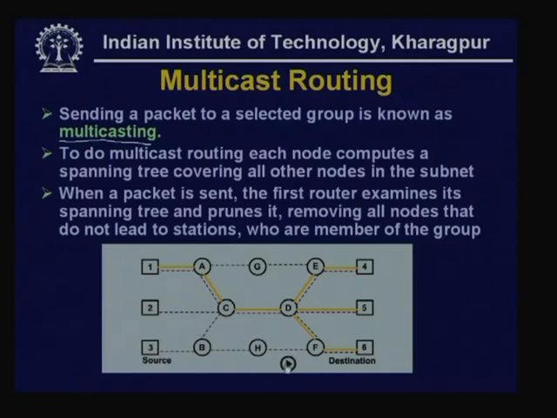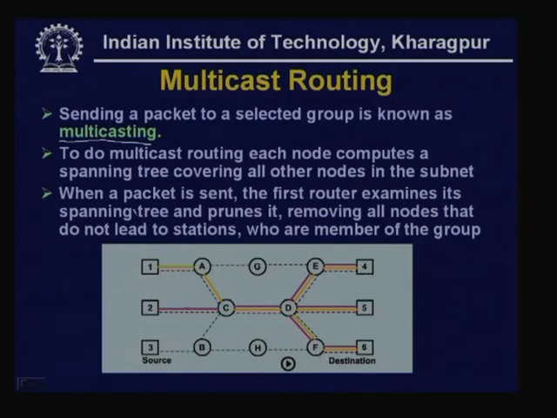Similarly, from another source, say 2, 3, this path is common, and then it will go to 4, 5, 6. So, from these two stations service can be taken by 4, 5, 6, and so a spanning tree is formed.